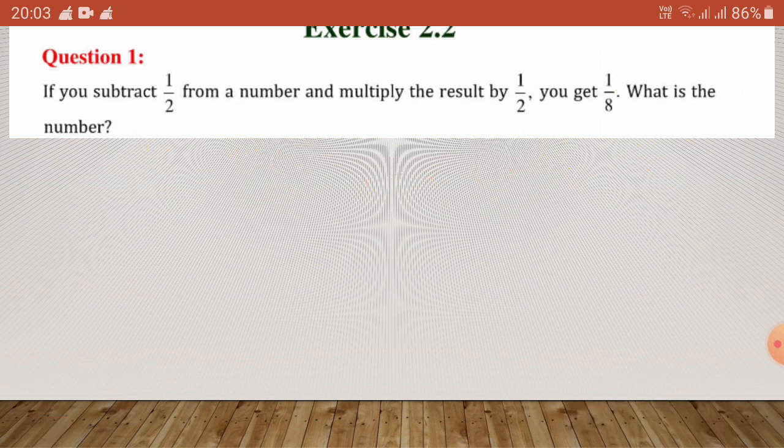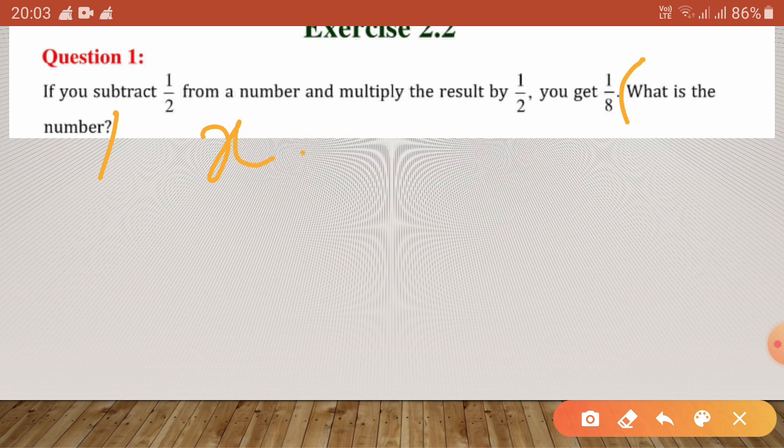So here we are converting this question into the answer, that the number is x, we are assuming. Got it? So your first aim is to convert the question into the answer. Then read the sentence from the beginning and apply it. So the number is x, the answer.